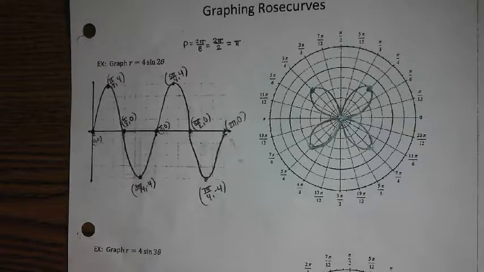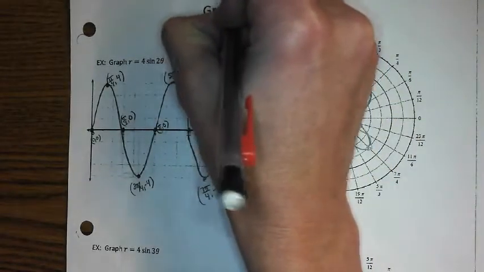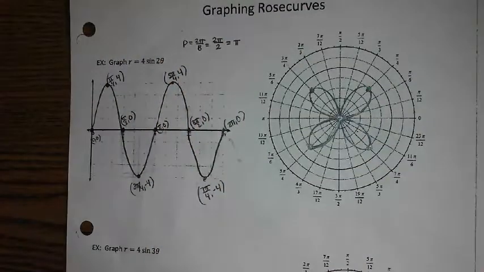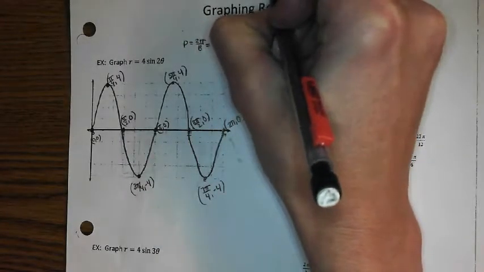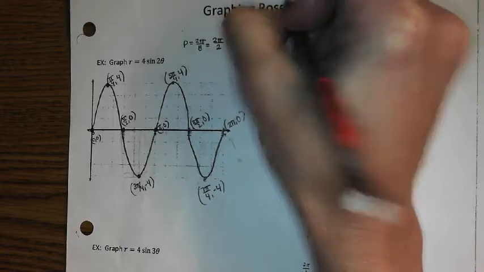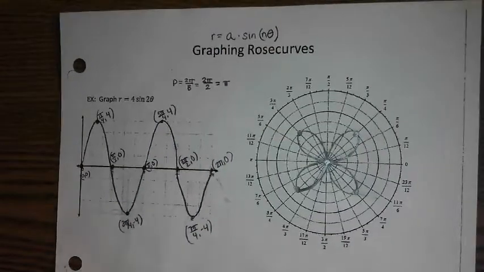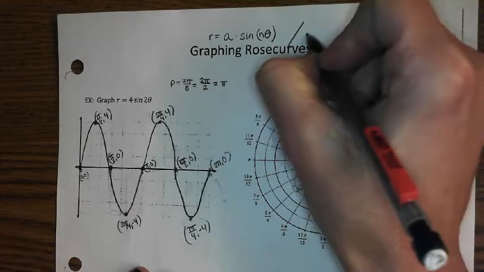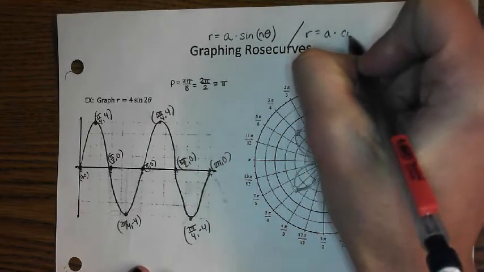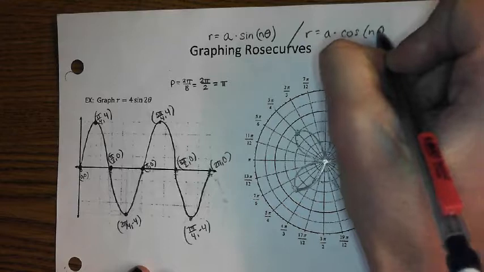R equals, we'll put this at the top, R equals A times the sine of n theta, or R equals A times the cosine of n theta.